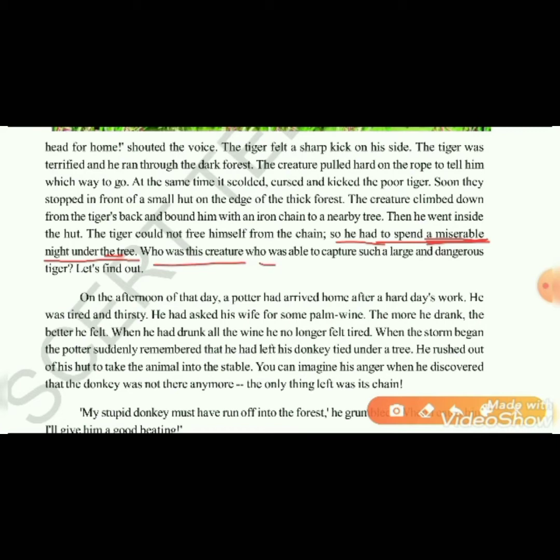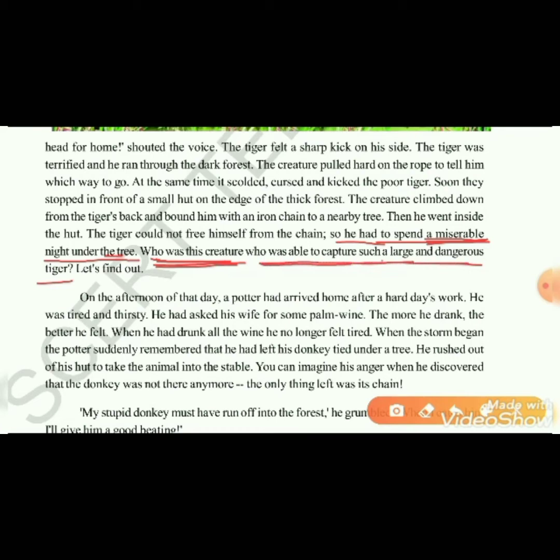Did you ever pull the tail of a dog or the tail of a cat, and suddenly it turned its head and screamed, and suddenly you got frightened? I think you must have such experiences. I'm sure you might have had. Just recall some of the beautiful experiences in your childhood.